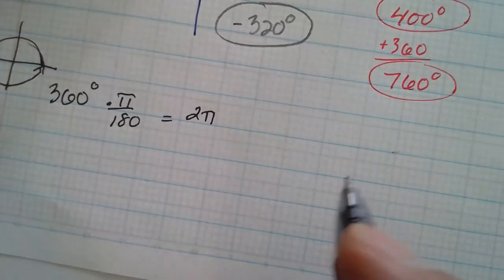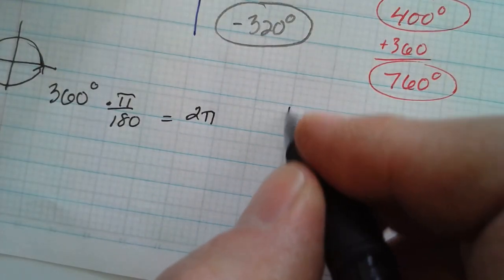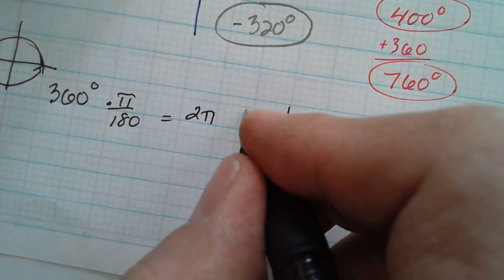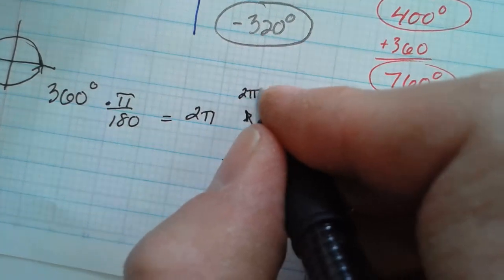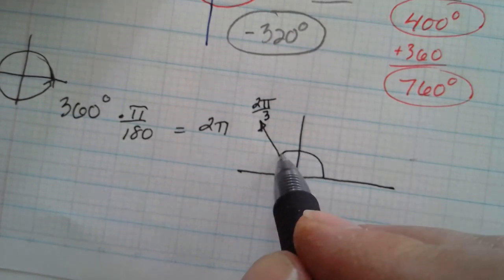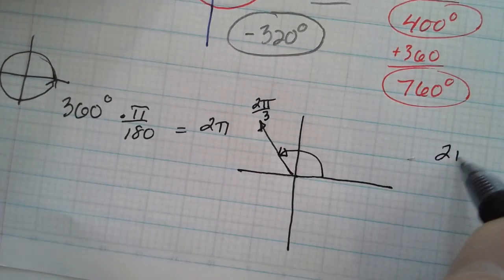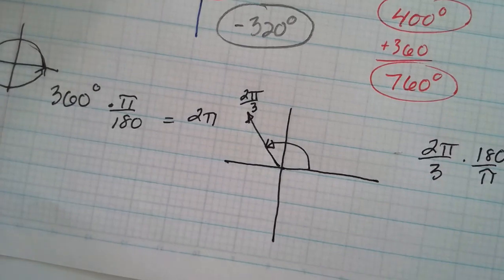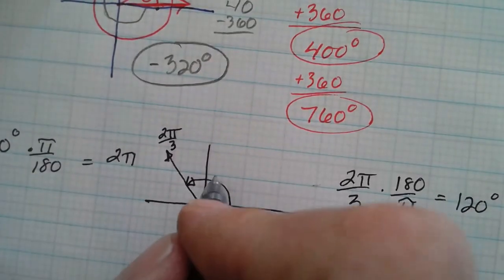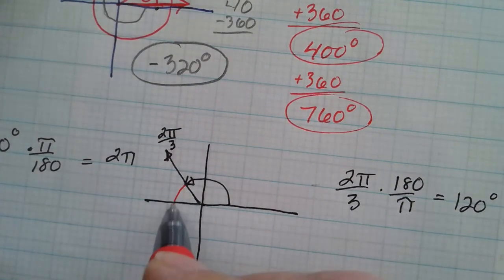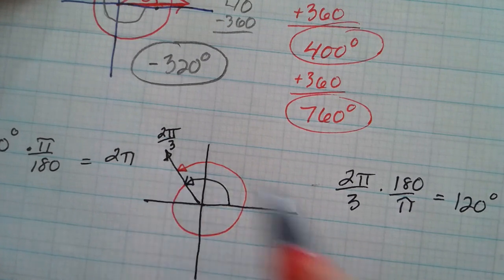So if I was going to look at my initial angle, we'll go right over here, we'll call that 2 pi over 3. If I wanted to find a coterminal angle to that, 2 pi over 3 is 120 degrees. Coterminal to that, we could add one revolution to it, and we'd have our answer.